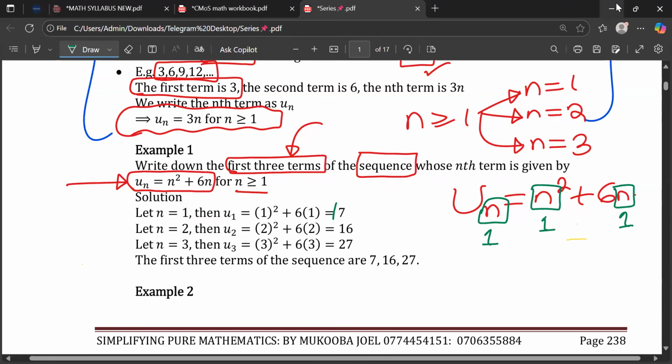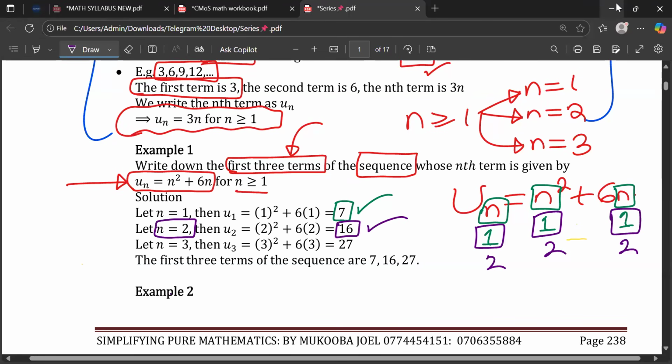The answer you get, 7, is the first term. You understand? When they tell you to get the second term, you realize for second term n is what? Is 2. So you come here and put 2, you come here and put 2, you also come here and put what? 2 instead. What you come out with, 16, is called the what?